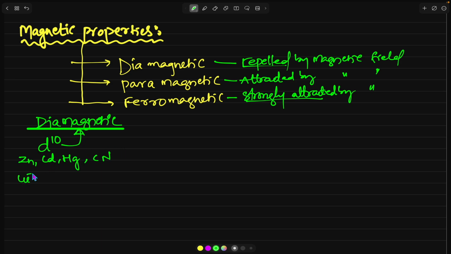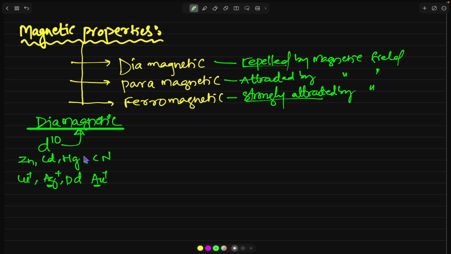Copper plus has d10 configuration, silver plus is also d10 configuration, right? Palladium has the d10 configuration. Even gold, Au plus, has this kind of structure. That's why silver and gold are not attracted by the magnet.